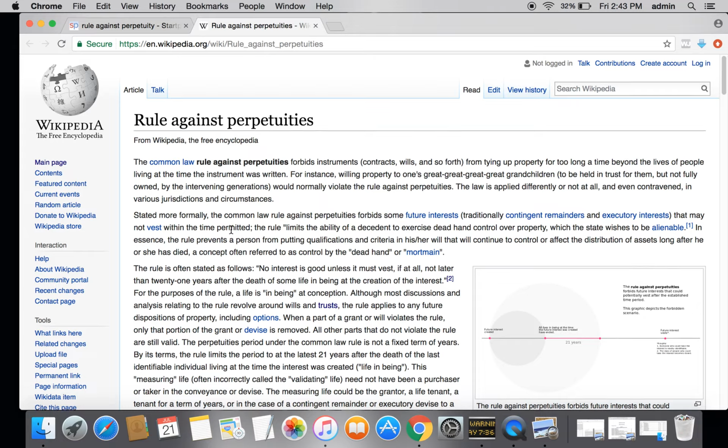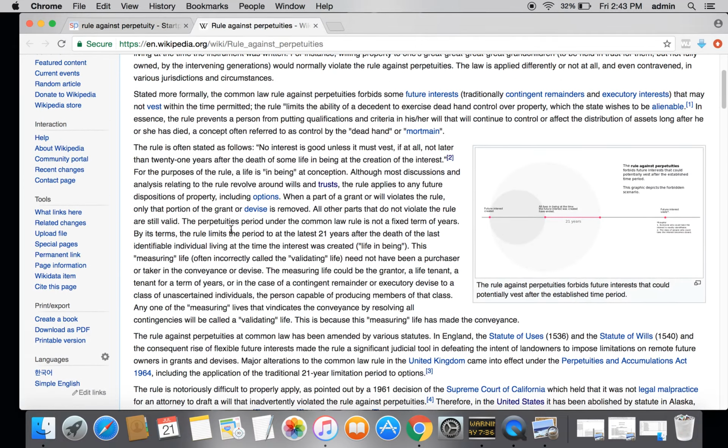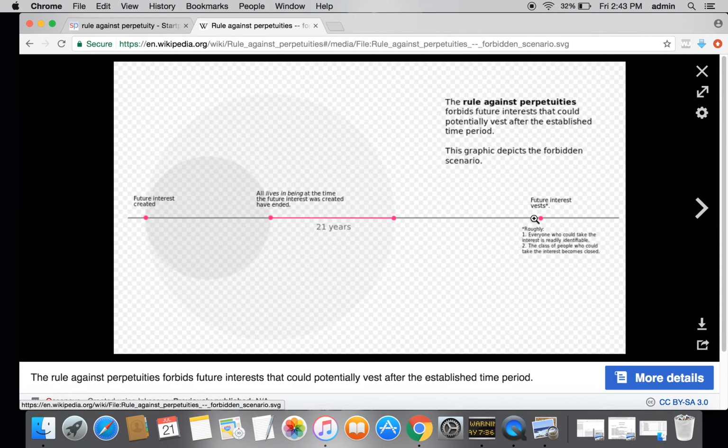Okay, and you will see a lot of complex, convoluted verbiage and even a chart that attempts to explain what the rule against perpetuity is.